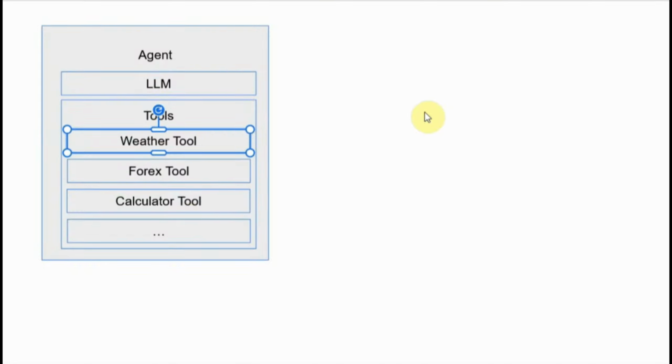So how is the tool selected? Without MCP, once we define a tool as a Python function, we have to provide a docstring description. The large language model will look at the function name, which is used as a tool, and the description from the docstring.